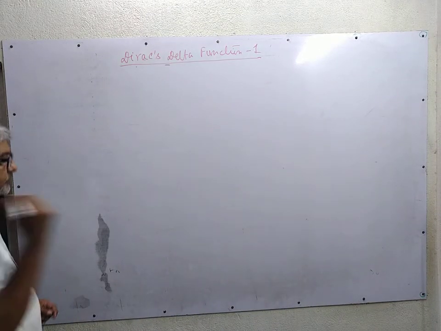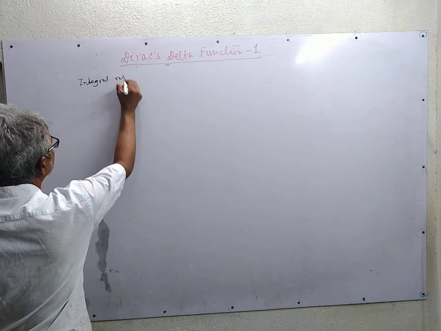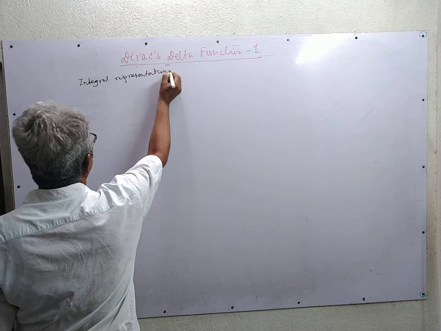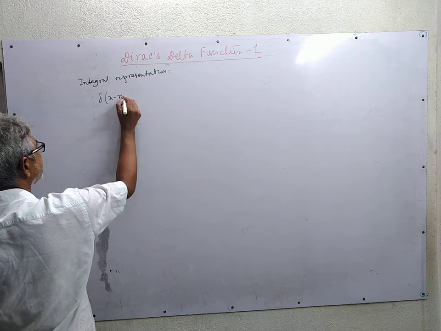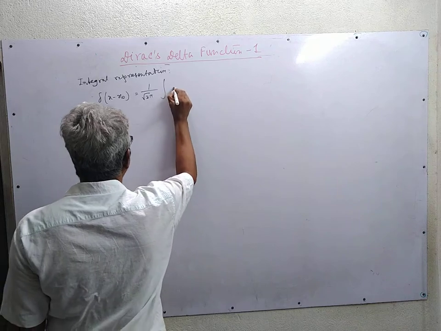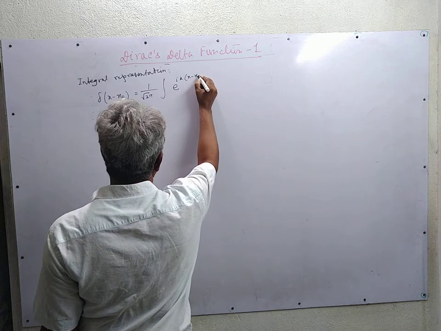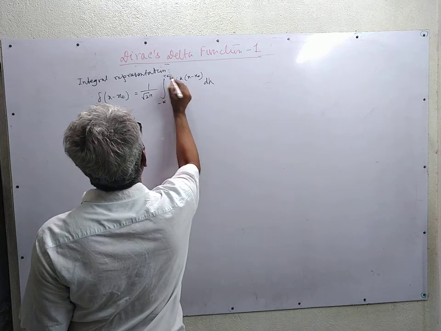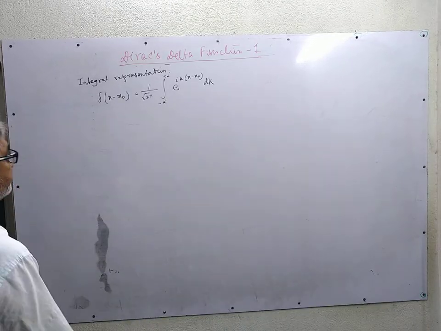The integral representation of the delta function is this: delta of x minus x0 is 1 upon 2 pi times the integral over all space of k. This is known as the integral representation.